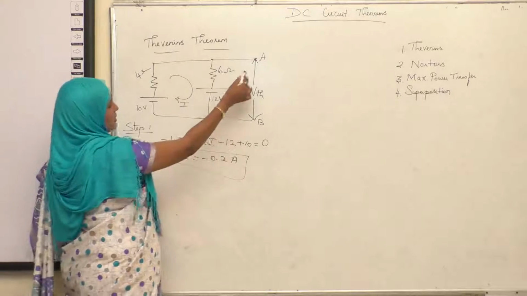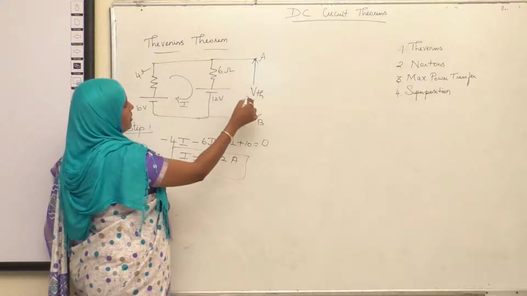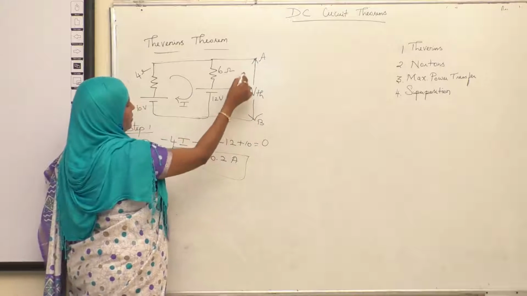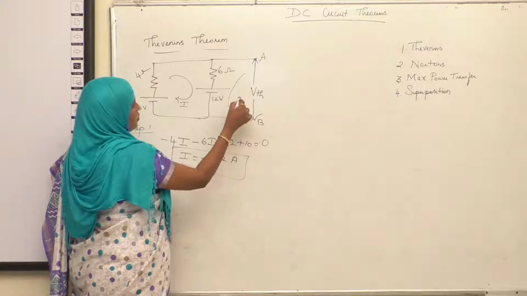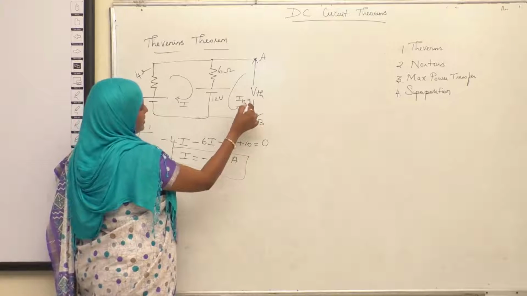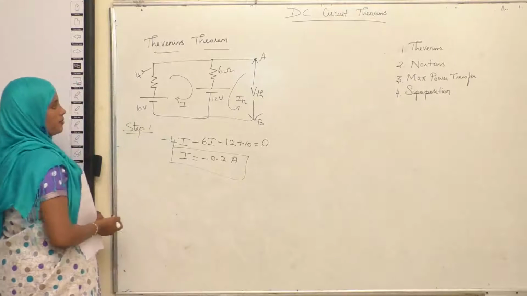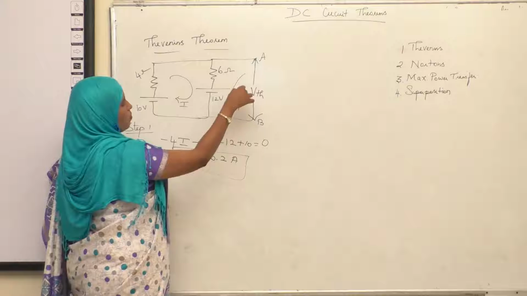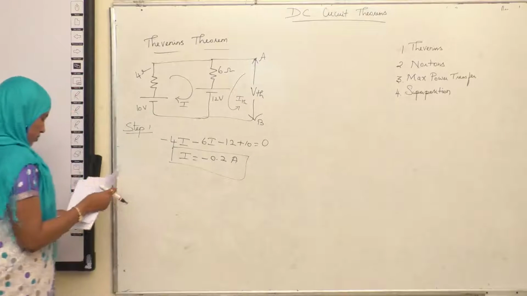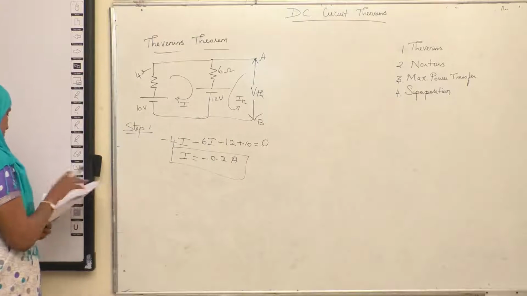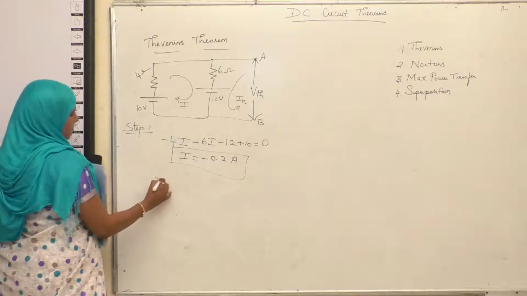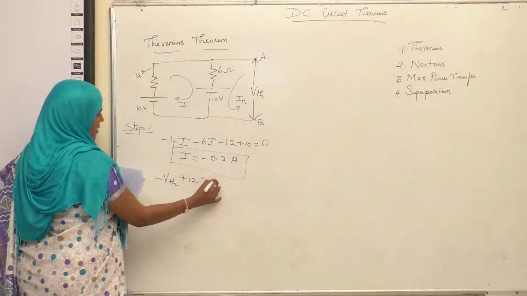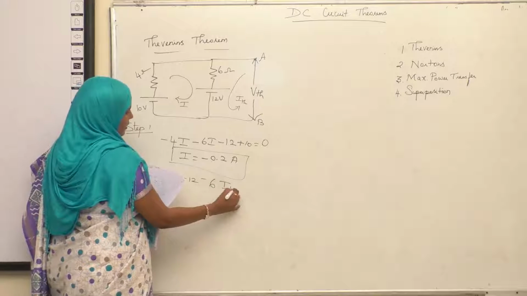Now you have to consider this circuit. Here another current flows, which we assume always flows from A to B. I am naming that current as Thevenin's current, ITH. Now apply the loop current in this loop. The equation will be minus VTH plus 12 minus 6 ITH equals 0.